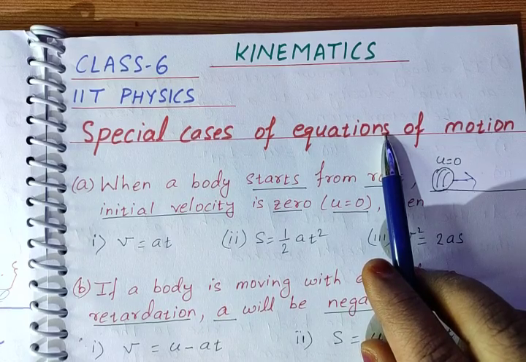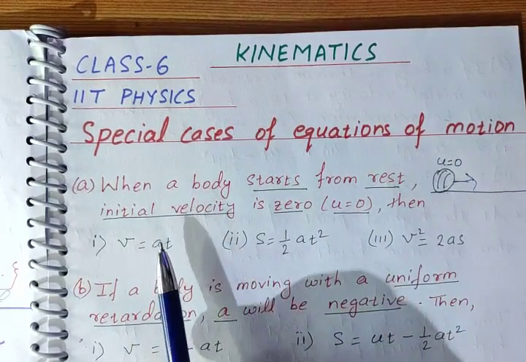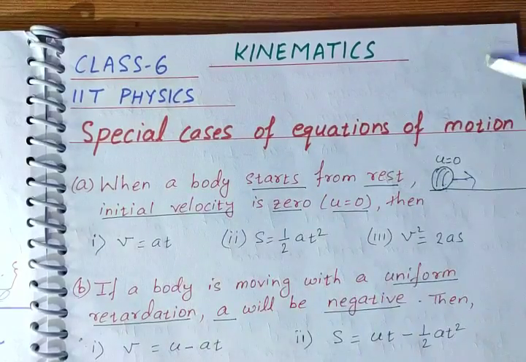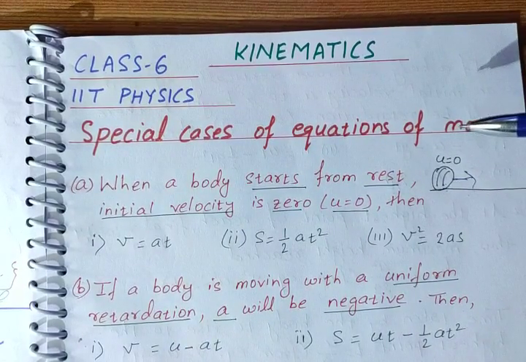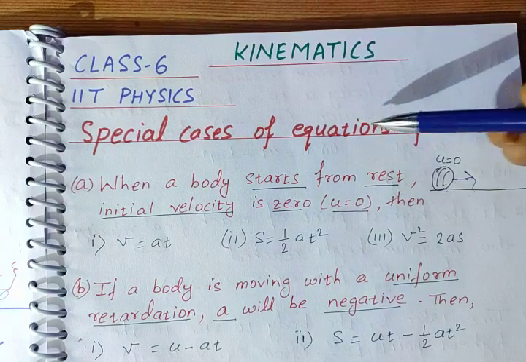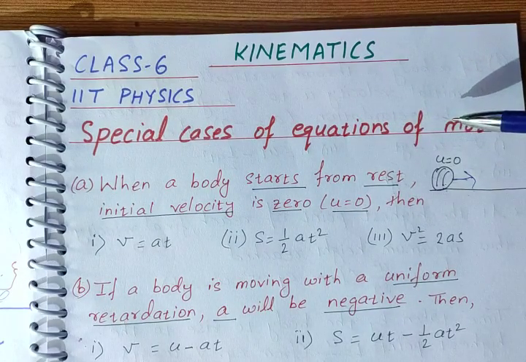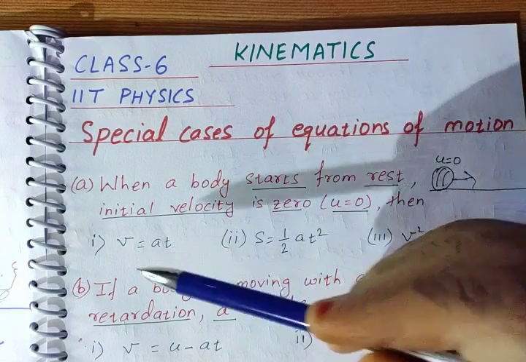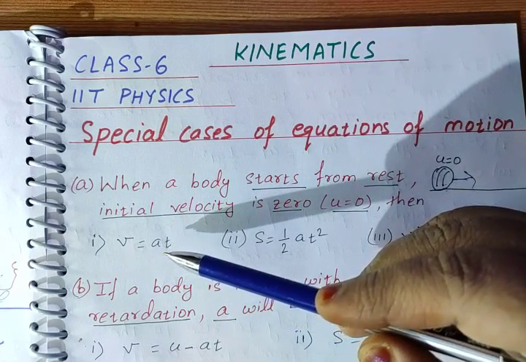When a body is moving with uniform acceleration. Again and again I discuss this condition, you have to remember this. These three equations of motion only apply for a body moving with uniform acceleration.